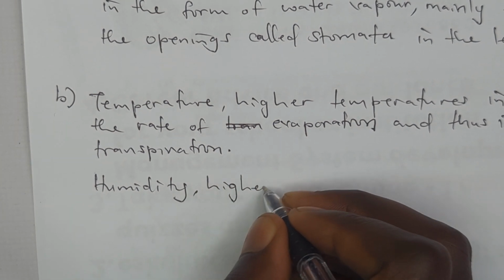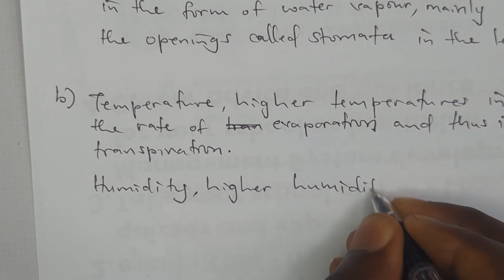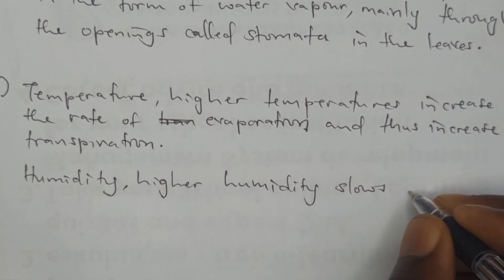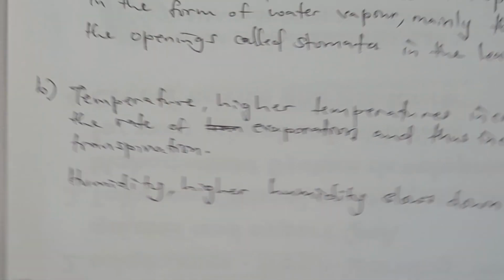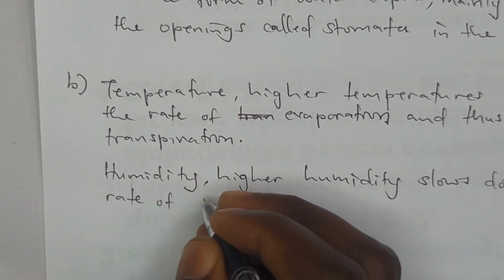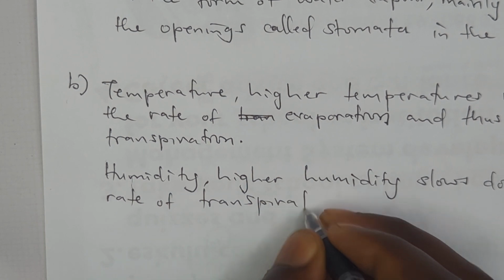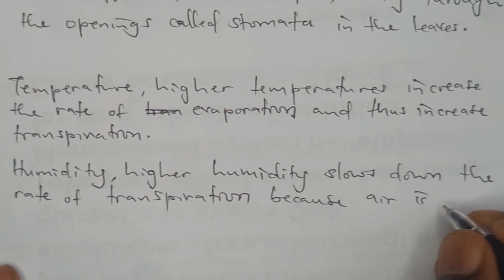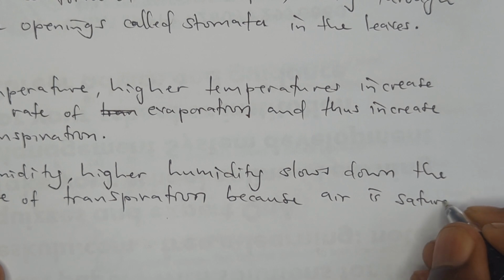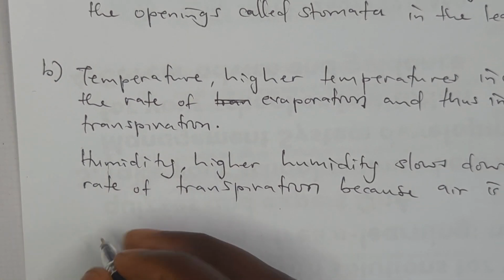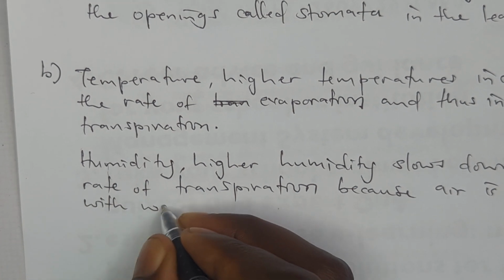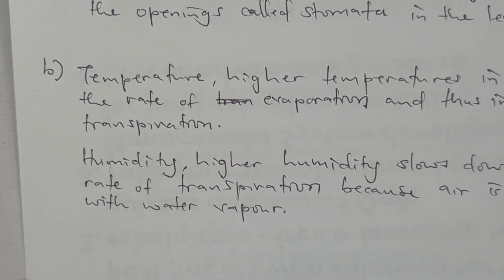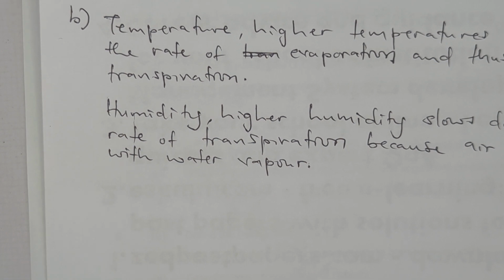High humidity slows down transpiration because the air is saturated with water vapor, meaning the air is filled with water vapor. So this is the other point. When giving points, you explain them.